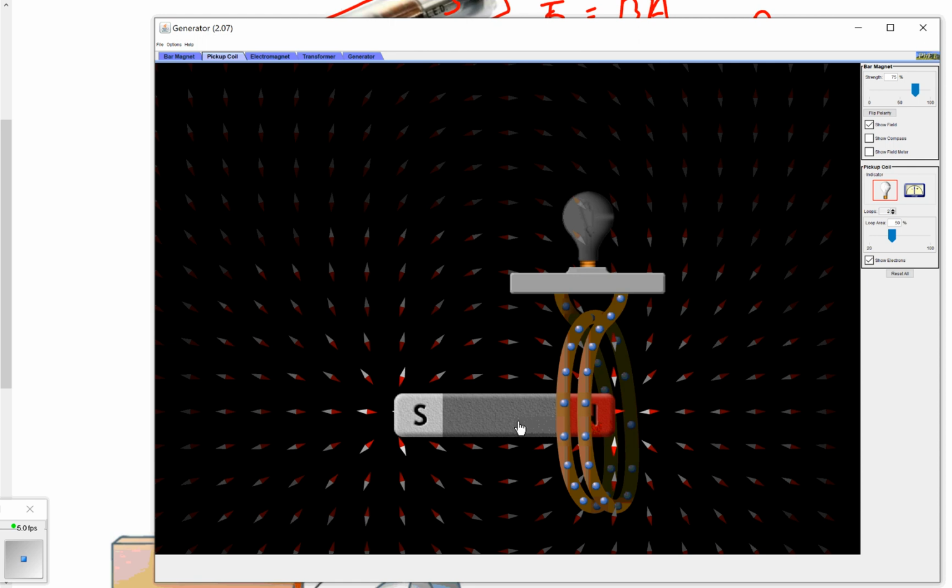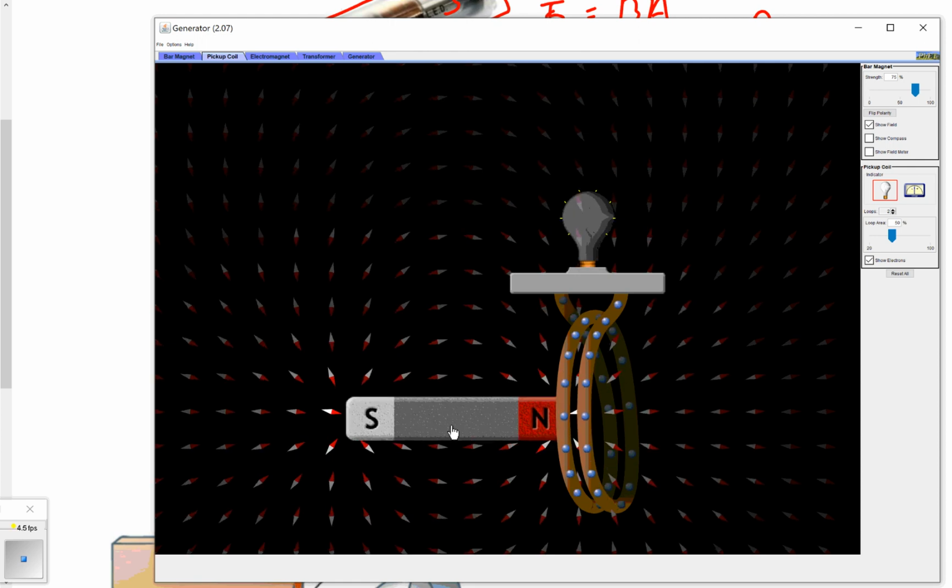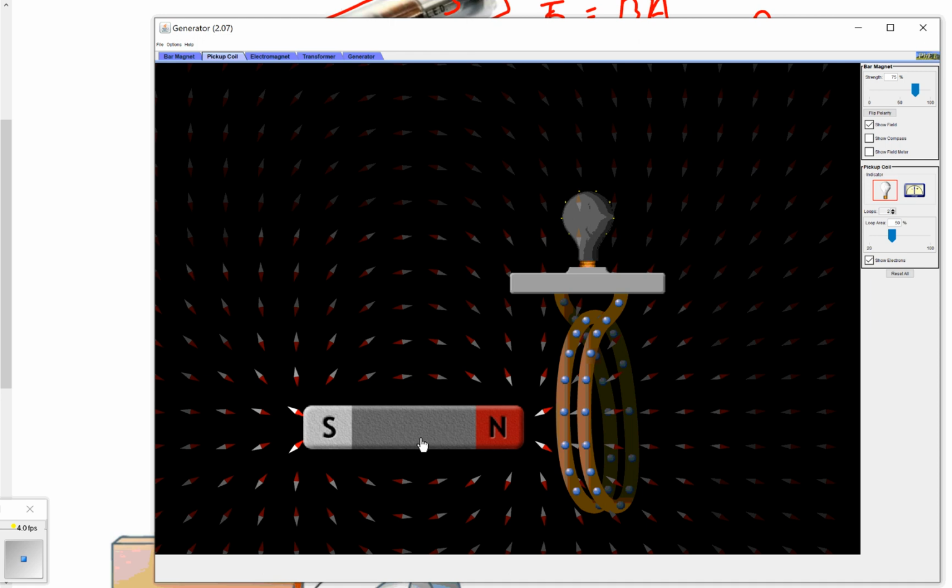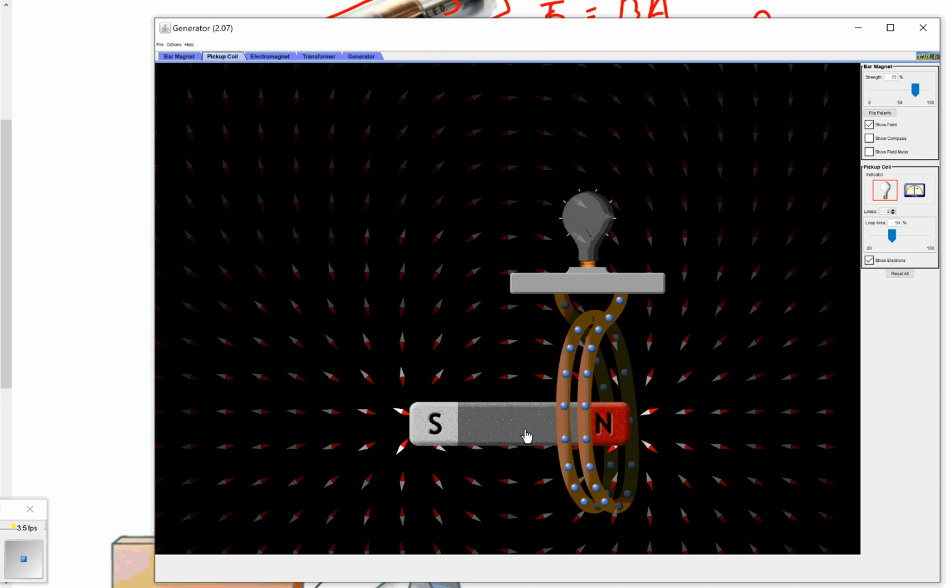Now, I'm going to say that again real slow because it is incredibly hard to grasp. As you move the magnet into the coil, you induce a flow of electricity. So we saw these electrons moving down, but that movement of electrons also creates a magnetic field that opposes this magnet.